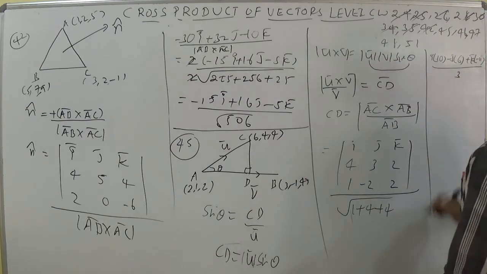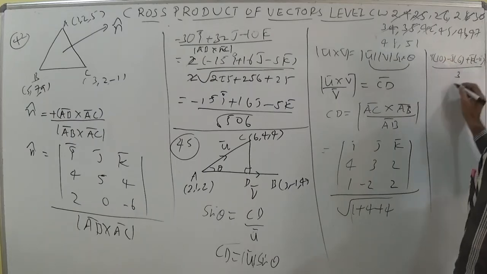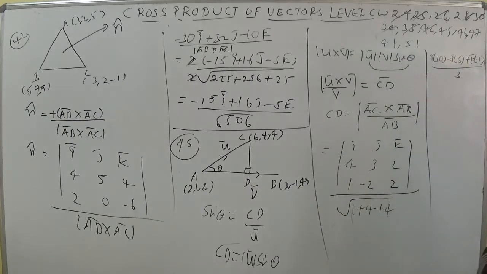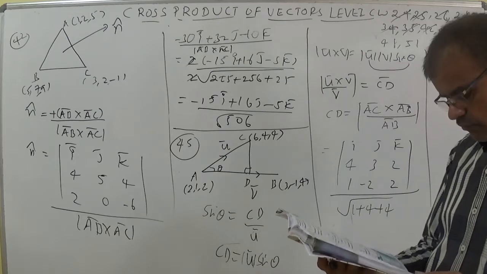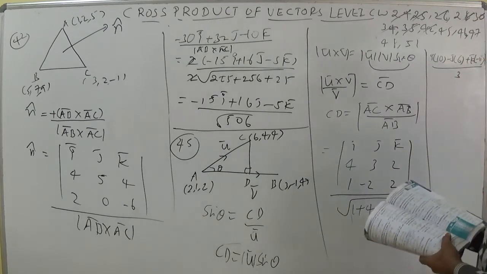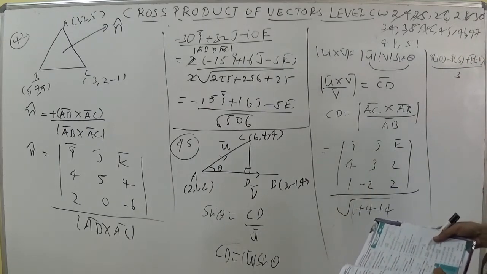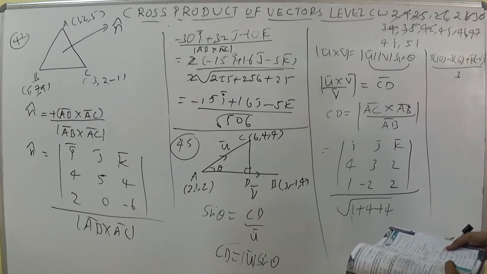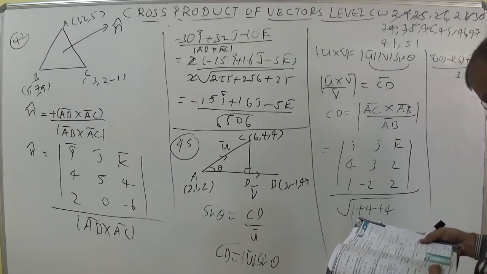So the distance is the magnitude of this one, according to the options, for question 45: 100 plus 36 plus 121.